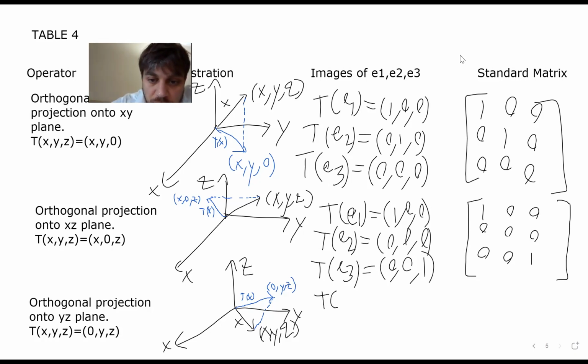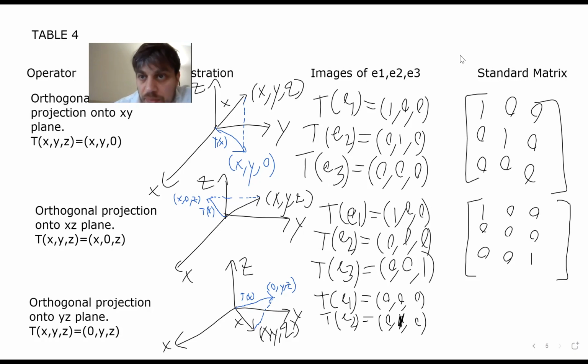Okay, so T of E1, if you make the x component 0, it becomes a 0 vector. T of E2, E2 is unaffected, so it stays 0, 1, 0, because the x component was already 0. And then T of E3 is equal to 0, 0, 1.